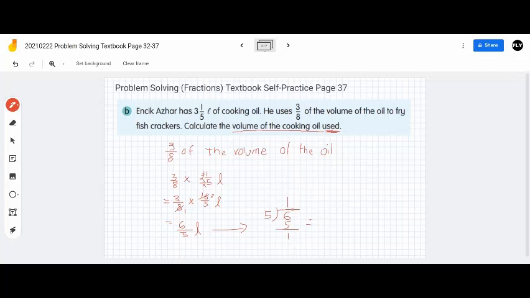So your answer is 1 1/5. And the unit is liter. Okay, so we are going to move on to the next question, C. If this is too fast, please pause the video. You can pause the video anytime that you like.